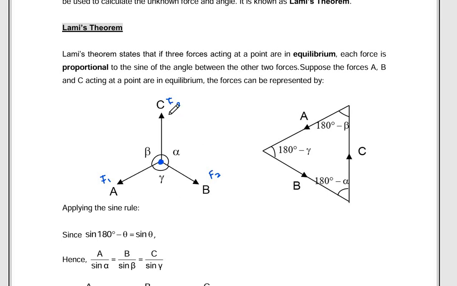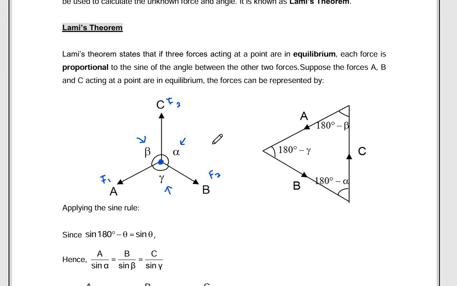These three forces acting on one particle will create angles to each other. Between force A and C, let's say the angle is beta, alpha between forces B and C, and gamma between forces A and B.